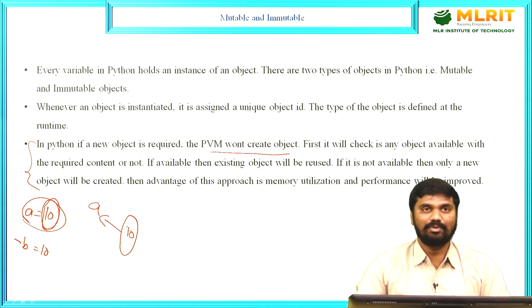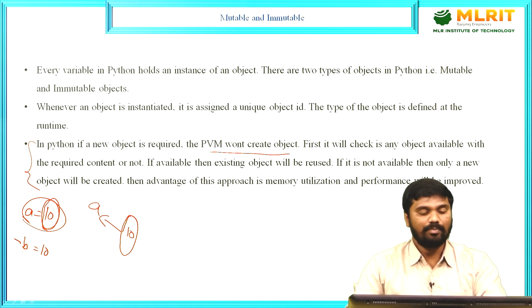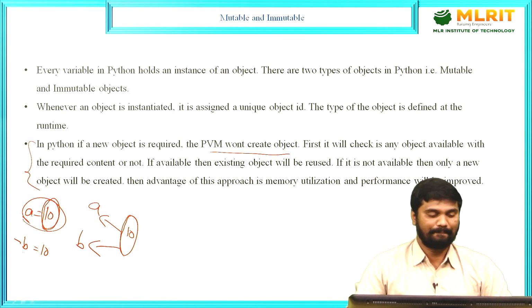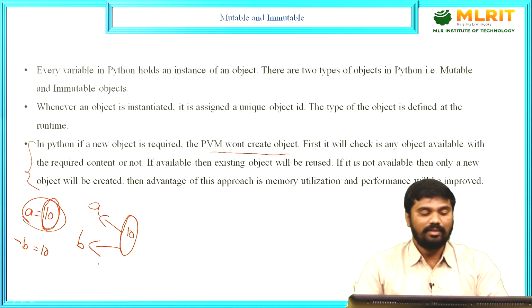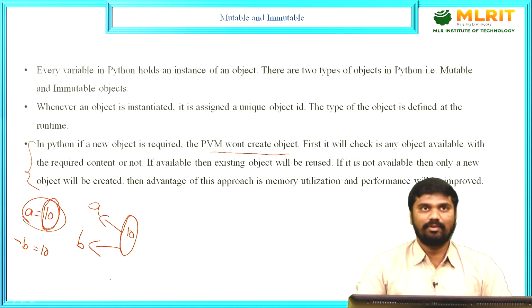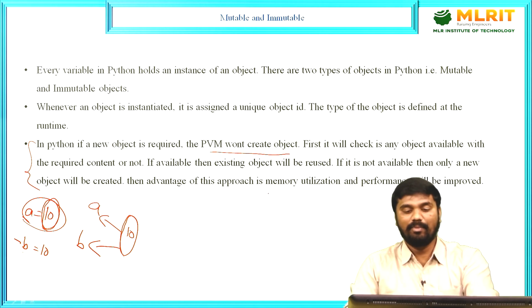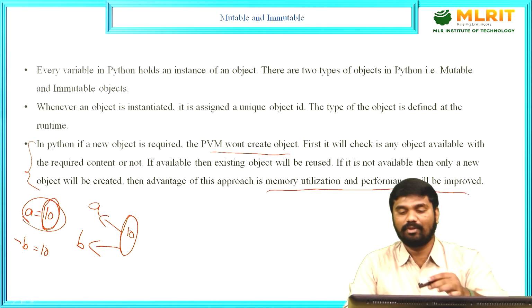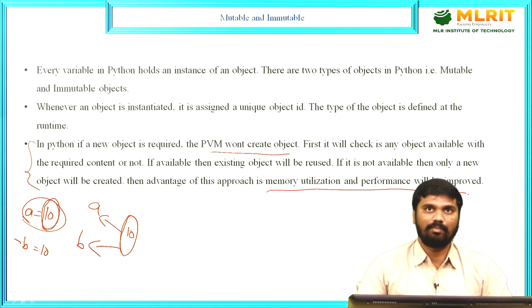The object will be reused and referred to by the variable b. So this is how the Python virtual machine creates objects. The advantage is that memory utilization and performance will be improved.